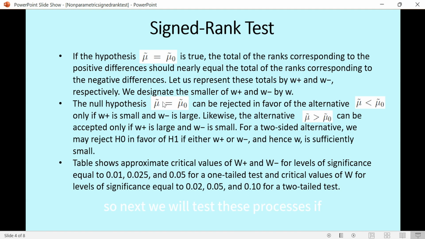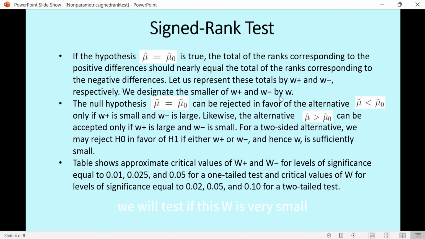Next we will test this hypothesis. We also get the smaller of these two. Maybe they are the same, but in 99% of cases they are not the same. So we call the smaller one W, and this W is what we will focus on.